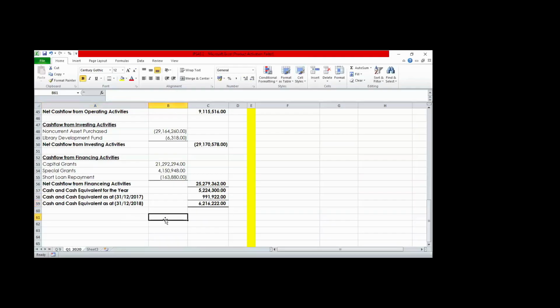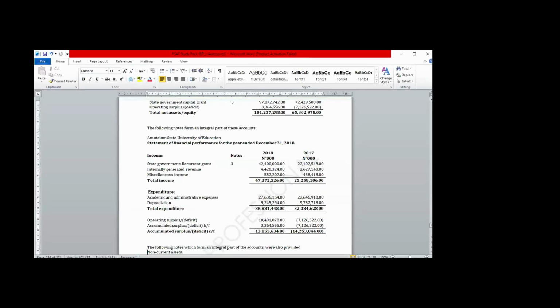Now, for the surplus, let's go back to the question. Can we see the question page? Yes, sir. Now, in 2018, can we see the statement of financial performance for the year ended 31st December 2018? Under that, we have the income and the expenditure.